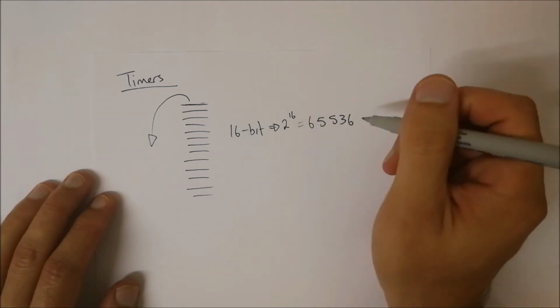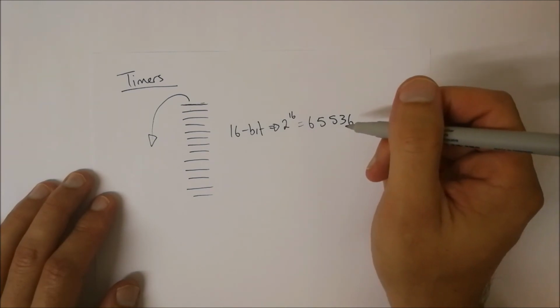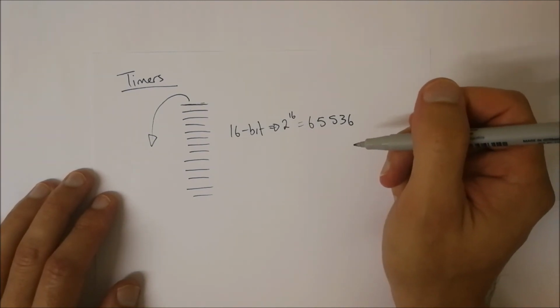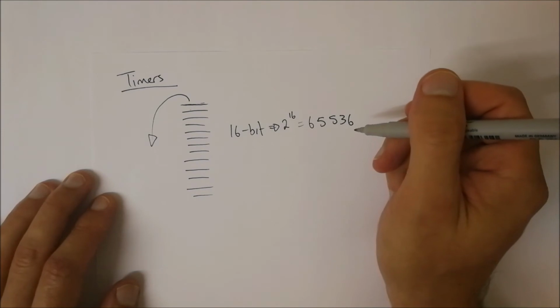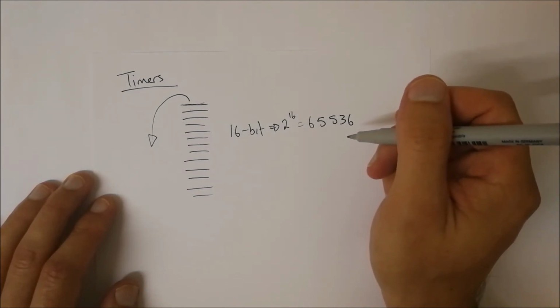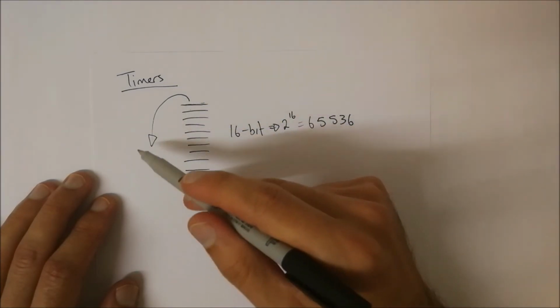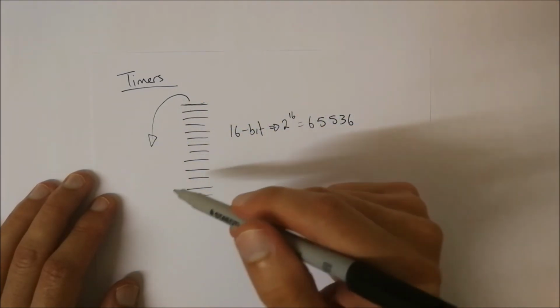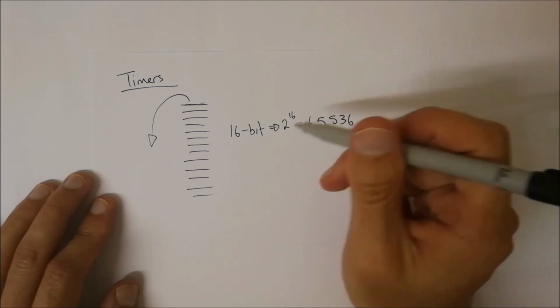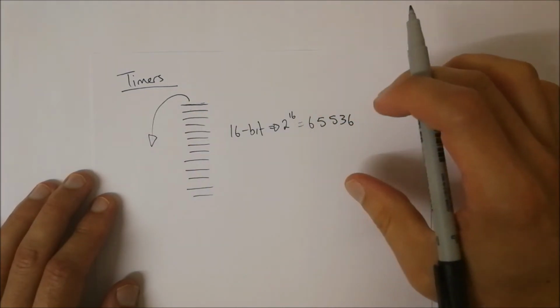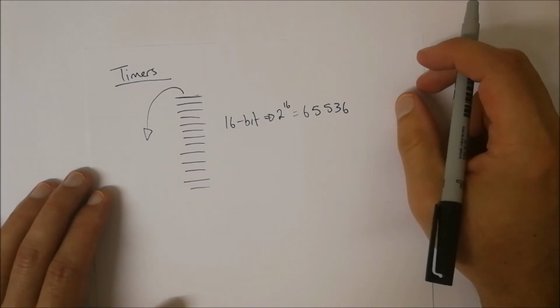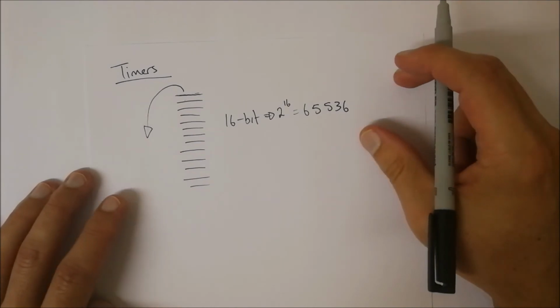Obviously it will be a smaller number, up to 256, but the same principle will occur. Yet keep in mind with the 8-bit timer, you're probably going to have larger numbers that you need to take into account in terms of how many times this falling off of the ladder is going to need to happen. But for now, a 16-bit timer is equal to 65536.